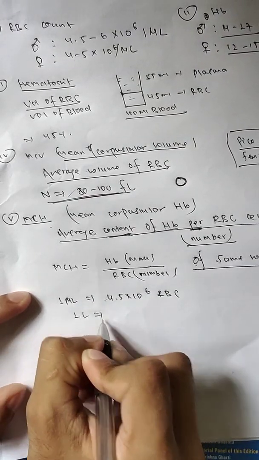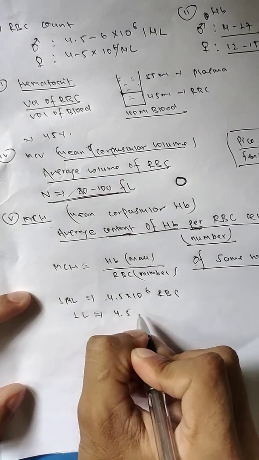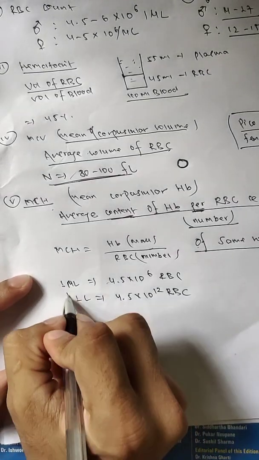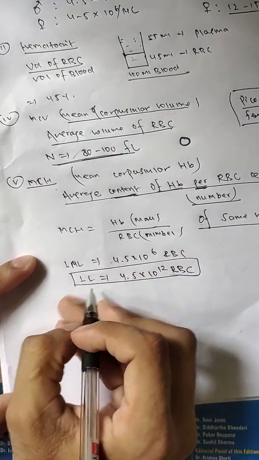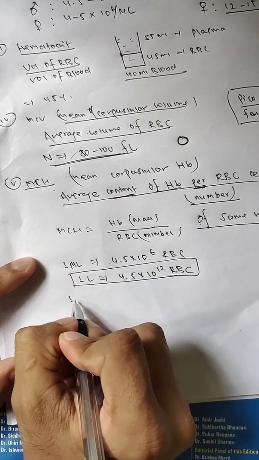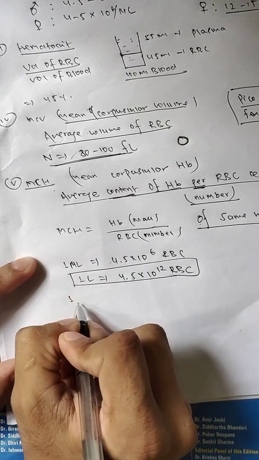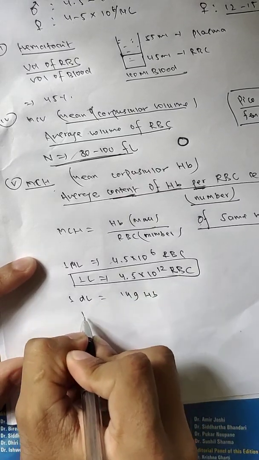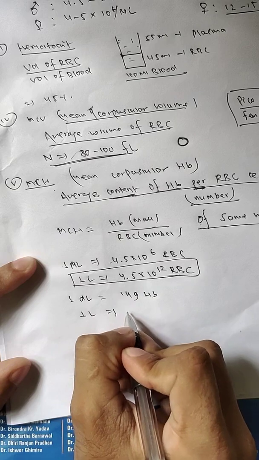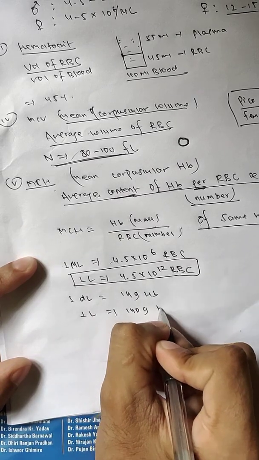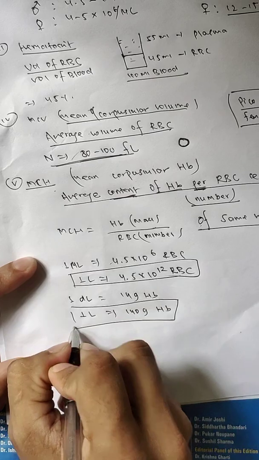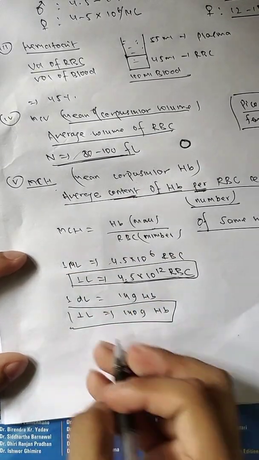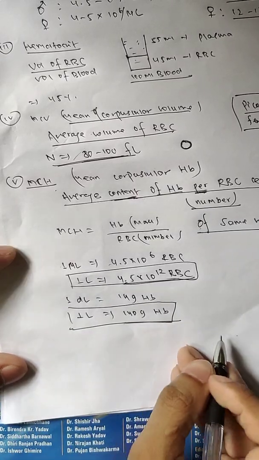So in 1 liter, it would be 4.5 into 10 to the power 12 RBCs. Next, in 1 deciliter of blood we have 14 gram of hemoglobin, so in 1 liter of blood it will be 140 gram of hemoglobin.